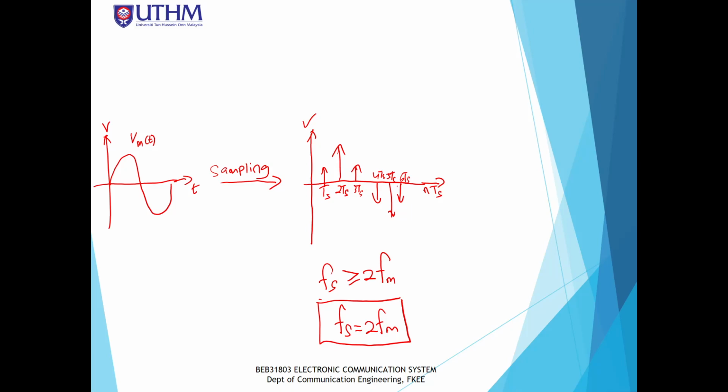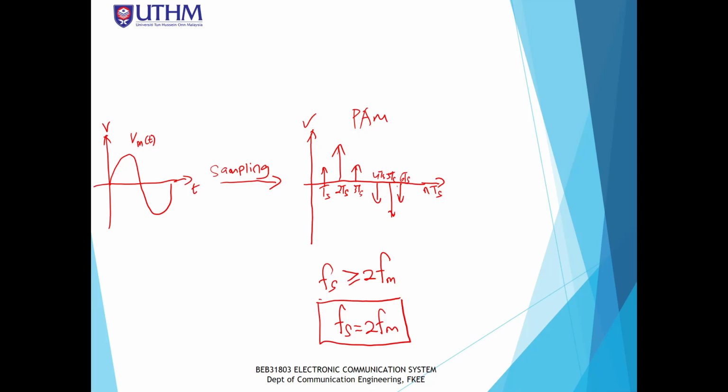When we sample, we produce a signal called the PAM signal, the pulse amplitude modulation signal. The PAM signal is still analog. Remember we have three types of sampling: impulse sampling, natural sampling, and flat top sampling.